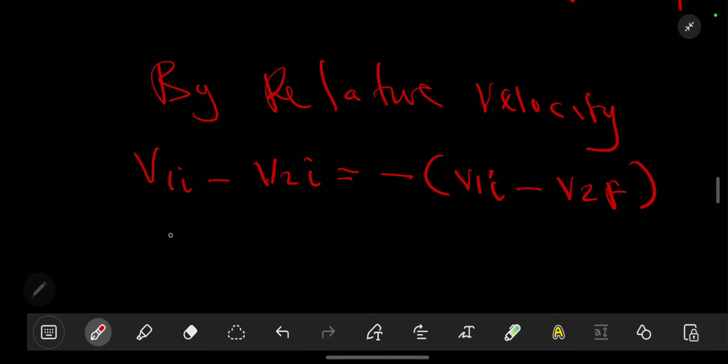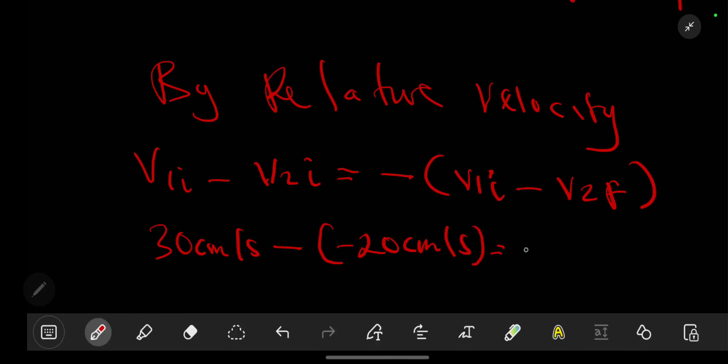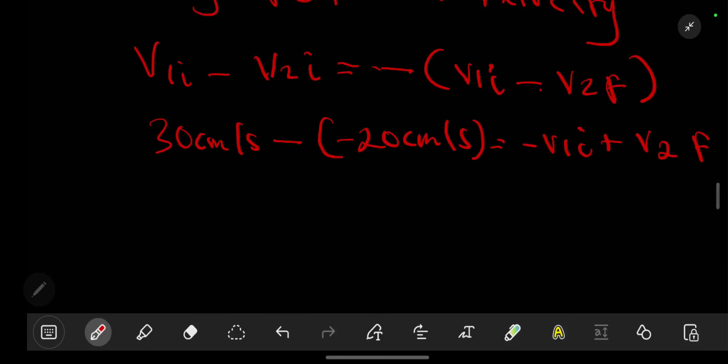V1 initial is 30 centimeters per second, minus V2 is negative 20 centimeters per second. Just be careful with the sign. Should be equal to negative this and this. It will be negative V1 final. This by this, it will be positive V2 final, like that.